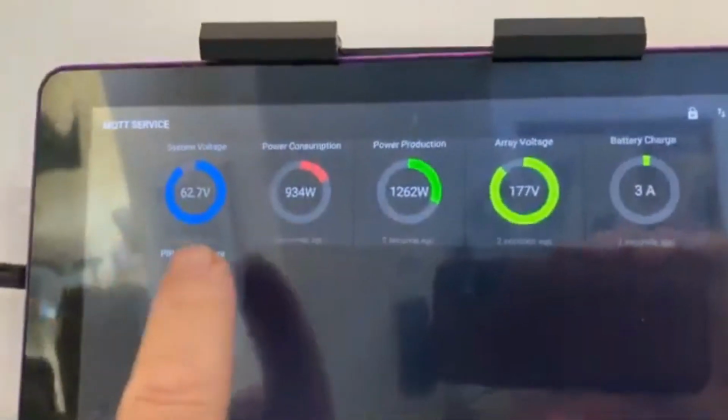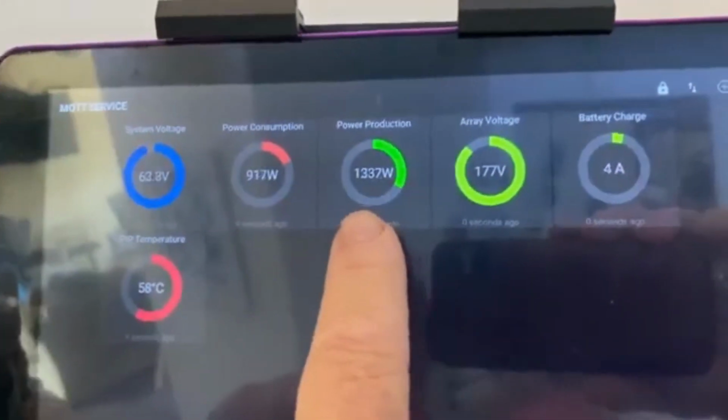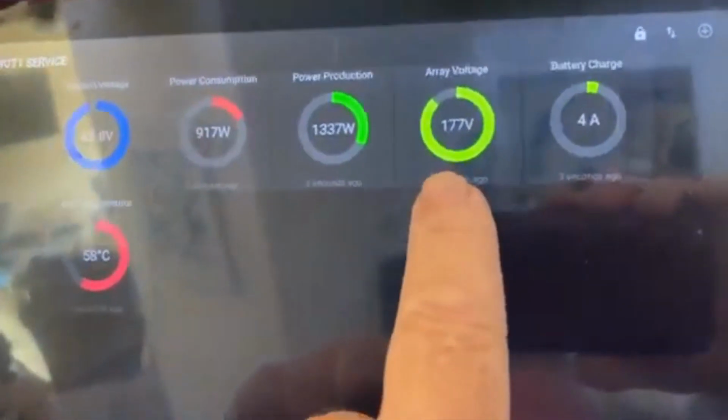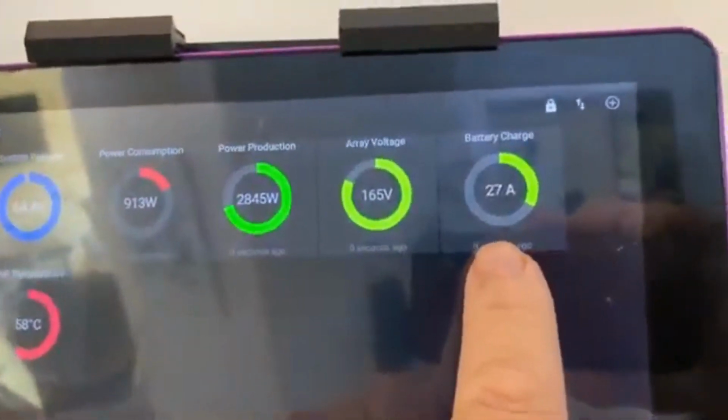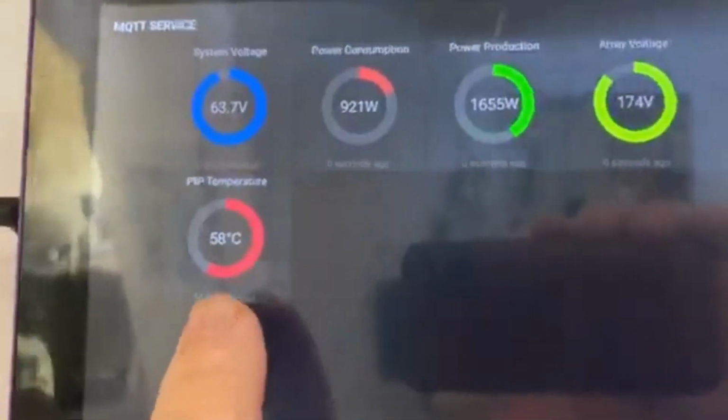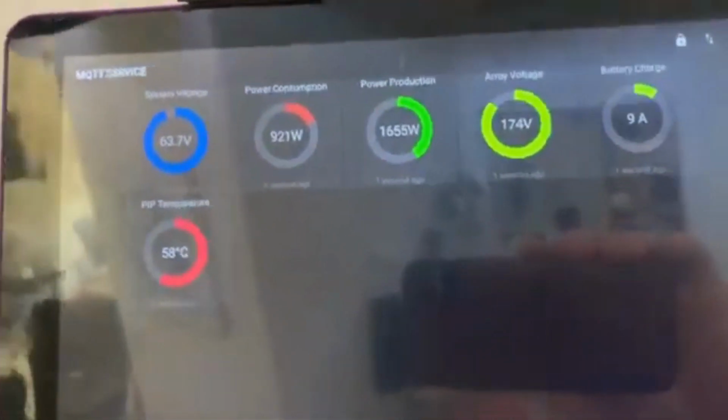But anyway, this is the battery voltage, power consumption, how much power we're producing, the array voltage, the battery charge current that's going into the batteries, and then the temperature of the inverter itself.